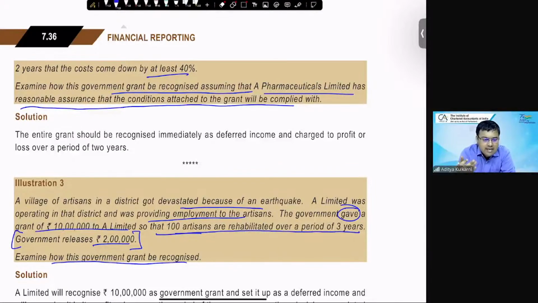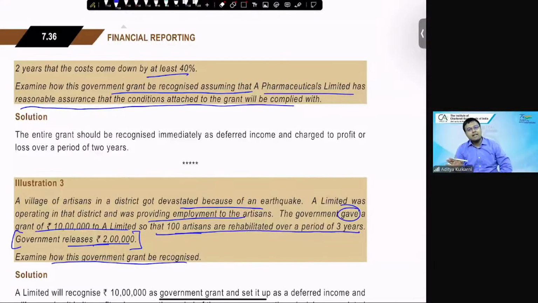So when we say the government gave a grant and the government releases 2 lakhs, now here there is an ambiguity. So Hemant also raised a valid point. Sir, what is the difference between gave and release in this particular question? So in this case, probably the intention is gave a grant could mean sanction of the grant, 10 lakh rupees.